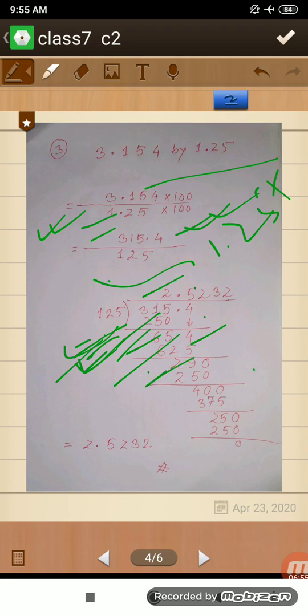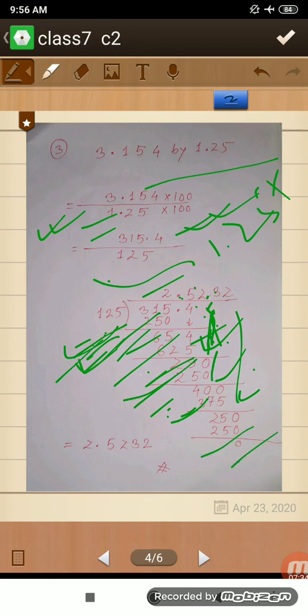And for these points you can repeatedly put zeros, and 0 will come down, and 250, 3 times, 2 times, 5 times. 2 times 125 is 250, and 40 will be the remainder, again 0 coming down, 3 times 125 is 375, and here remainder 25, and 0 coming down, and 250, 2 times 125 is equal to 250.